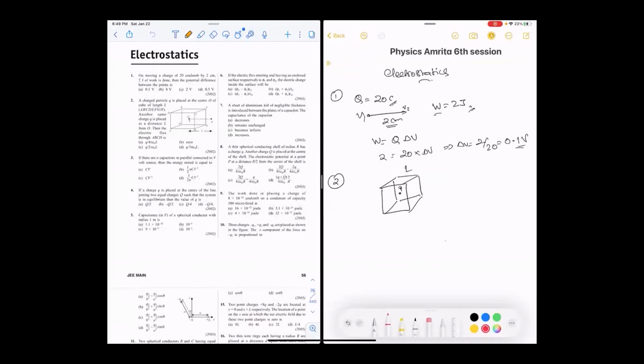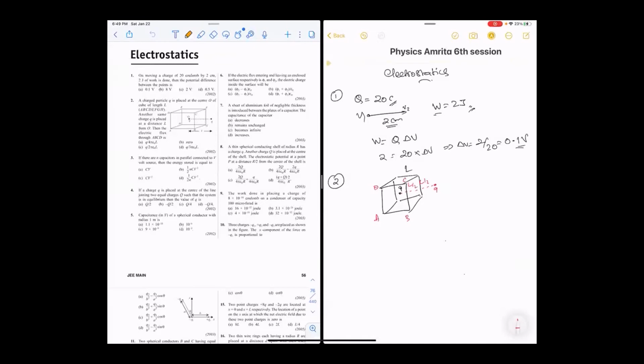Another same charge Q is placed at a distance L from the center. From the center to the face is L by 2, so the distance between them is L. He's asking: what is the electric flux through ABCD?